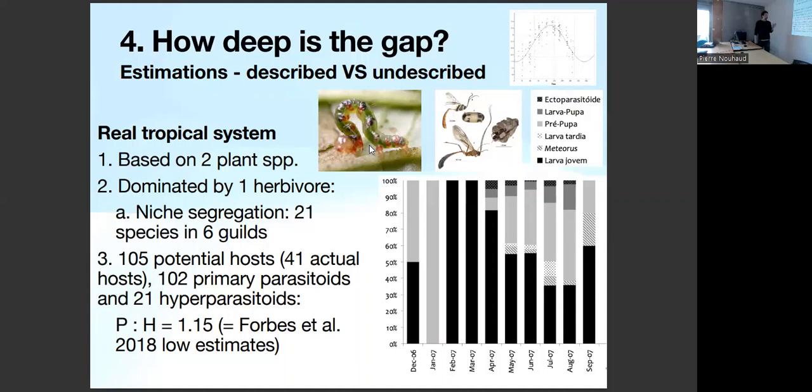In my results, I found that one species was really dominant, and this one species had 21 species of parasitoids. This is interesting because the parasitoids are divided into 6 guilds, and they can share the same resource by segregating the niche, especially in time, but also in space.